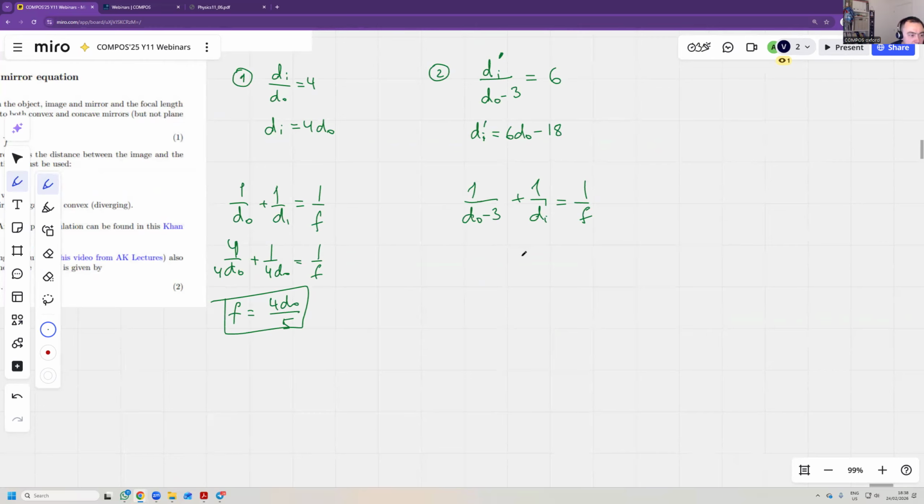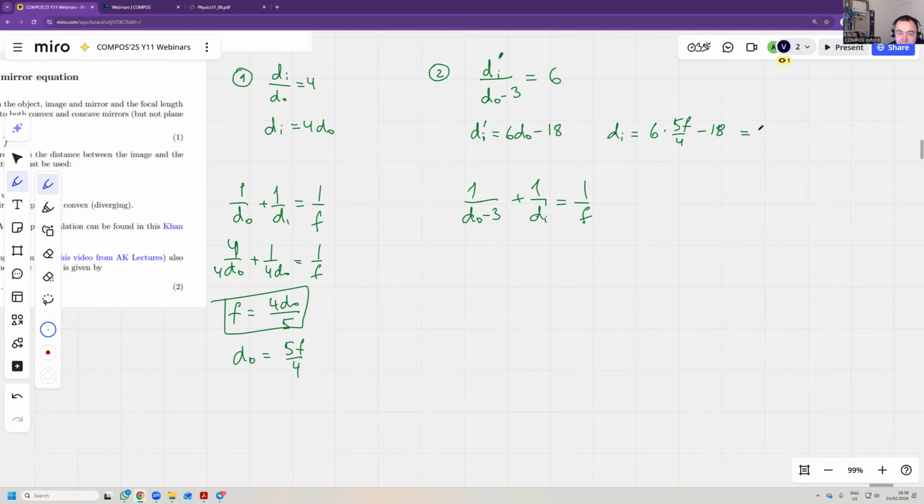Okay. And so here, oh, yes. DO is 5f over 4. Brilliant. And here DI dash is 6DO. DI dash is 6 multiplied by 5f over 4 minus 18.